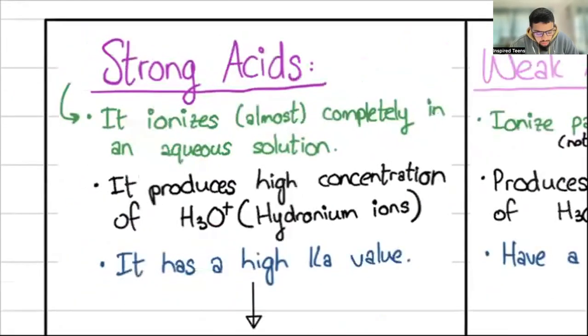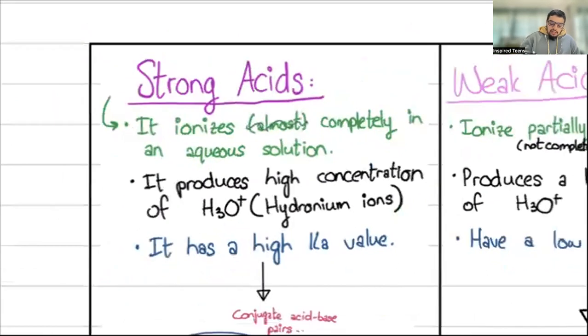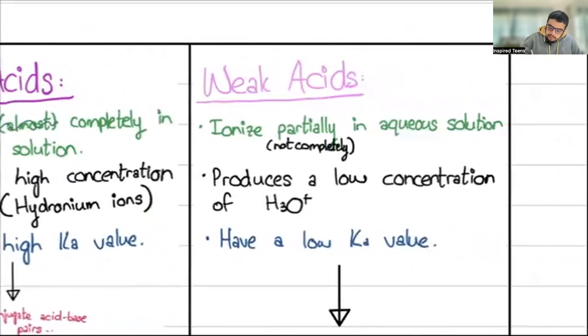A strong acid, as the definition says, ionizes almost completely. You can ignore the almost, you can just understand it as completely. It ionizes completely in an aqueous solution. The key thing that you'll see for the definition of strong acid, weak acid, and strong base, weak base, is this word ionizes, and obviously completely.